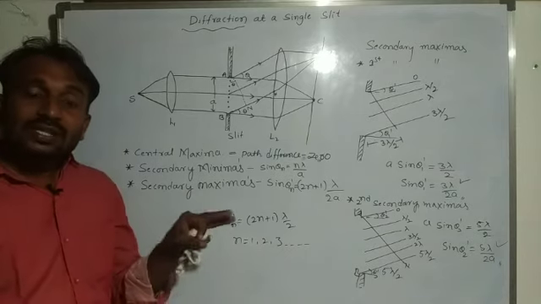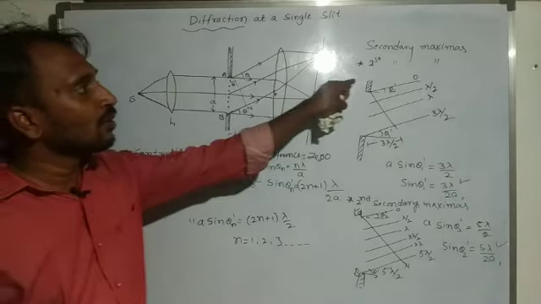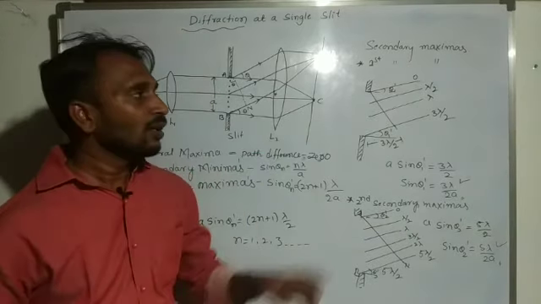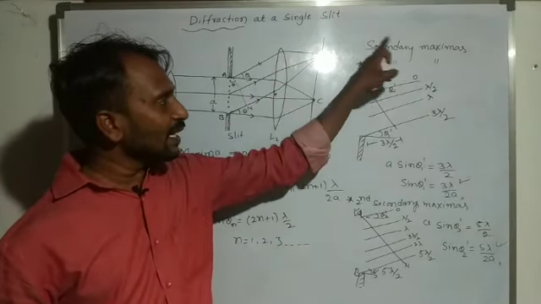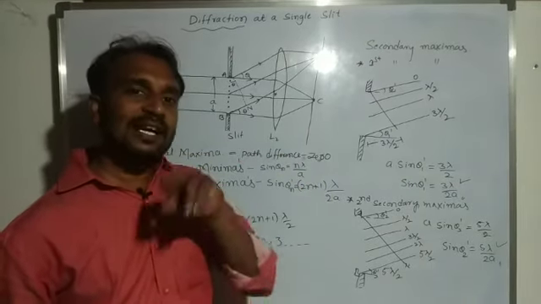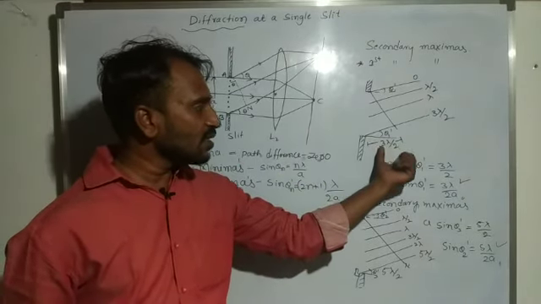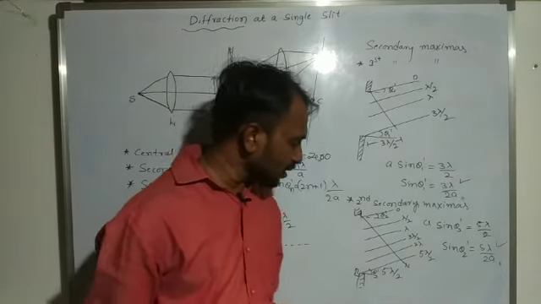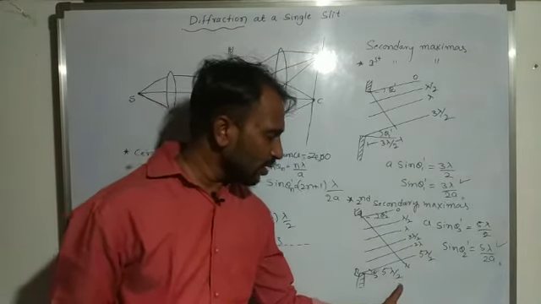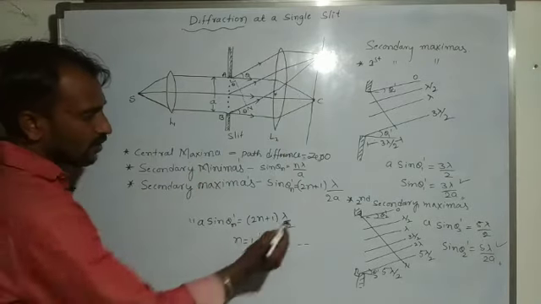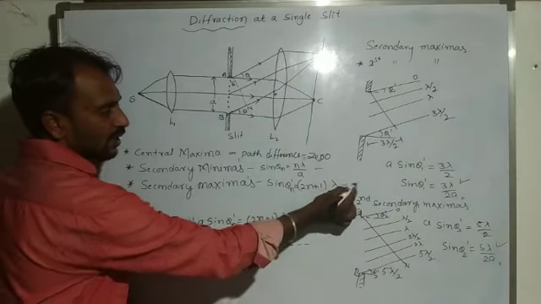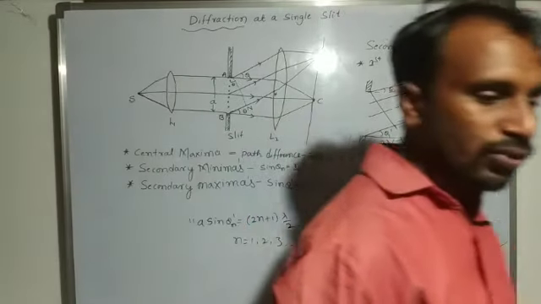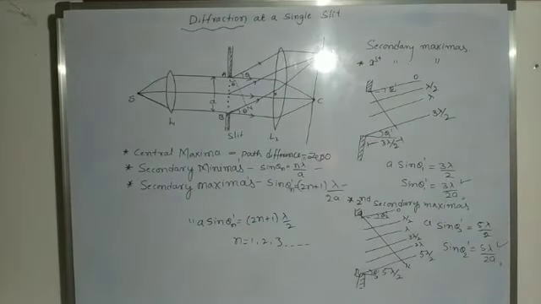The same for secondary maxima: for the first secondary maxima the path difference is 3 lambda by 2 and for the second secondary maxima the path difference is 5 lambda by 2. So these are the formulas to find secondary maximas and minimas.